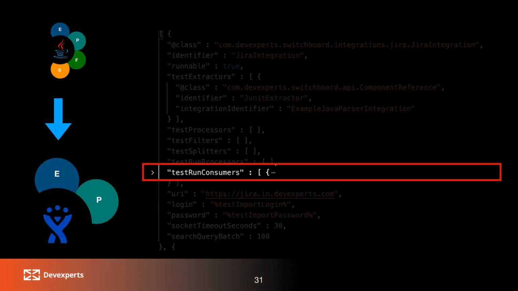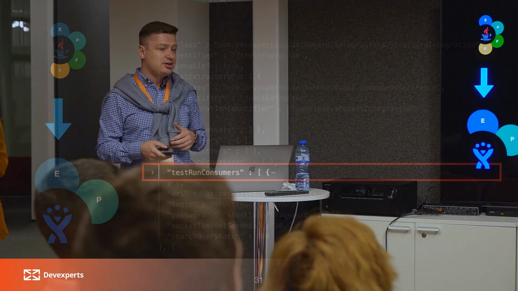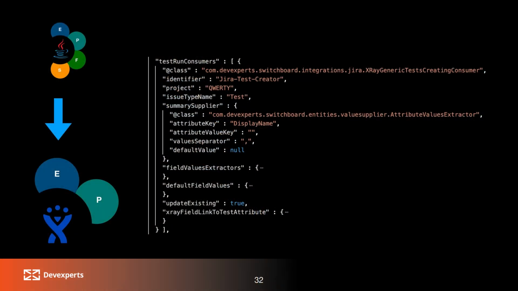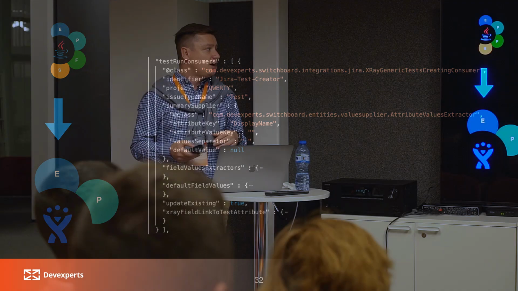And last, but definitely the most important, is the test run consumers, which is basically the definition of the mapping of the test data that we have just parsed from the source code to the fields of Jira that we expect to be filled. And here we are defining what the implementation will be for different fields.